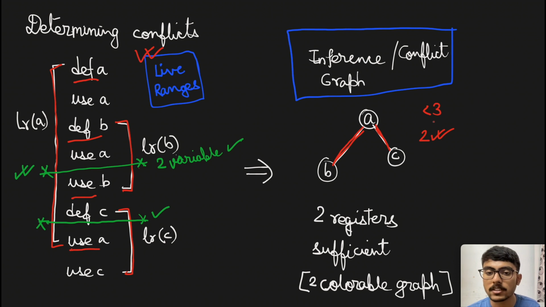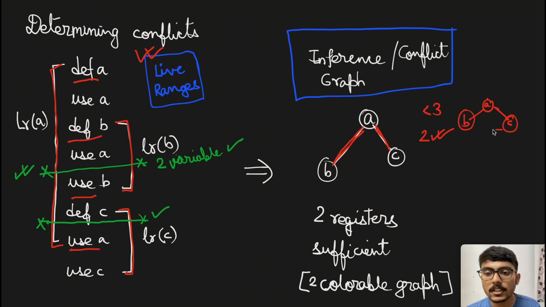If it had been, suppose, A, D, B and C, then we would fail to assign two registers to all the variables at the same time. We cannot do that, right? Because then we would have... no, sorry, I made a mistake here. Let me erase this.